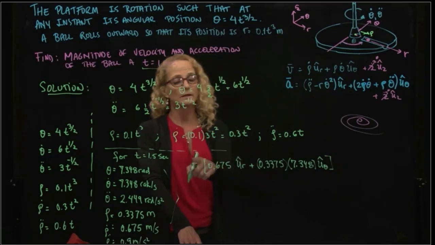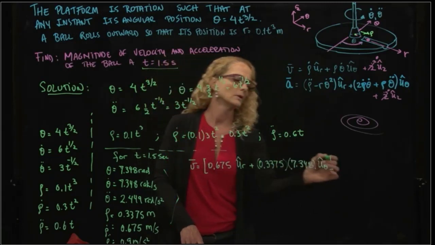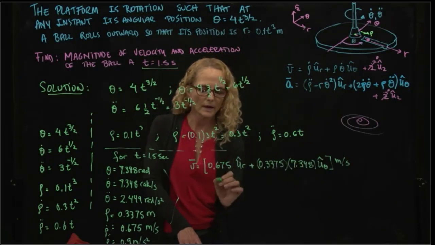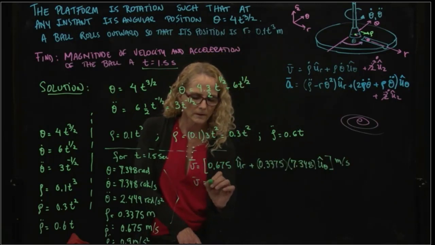And since I'm calculating the velocity as a vector, we get meters per second. We have to multiply those two values and get the result.